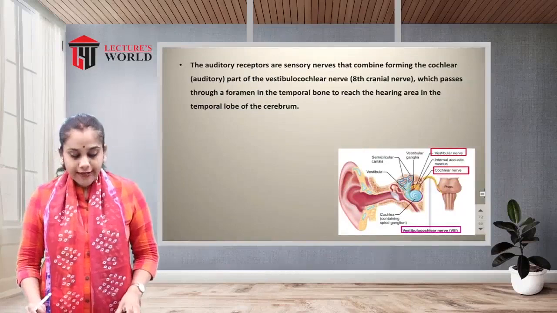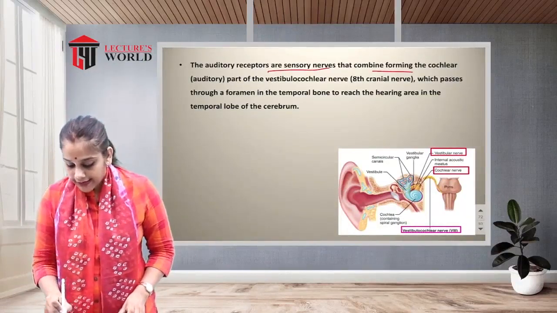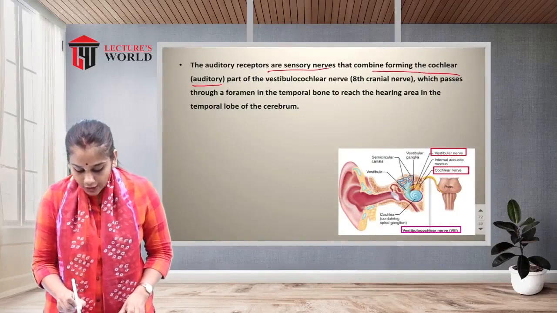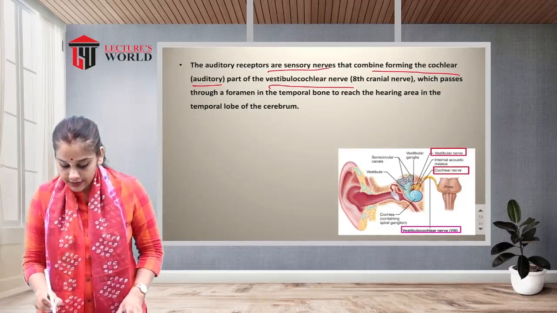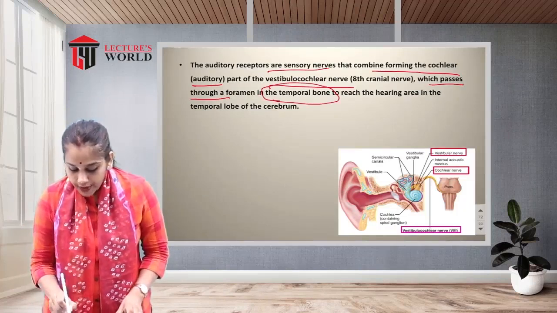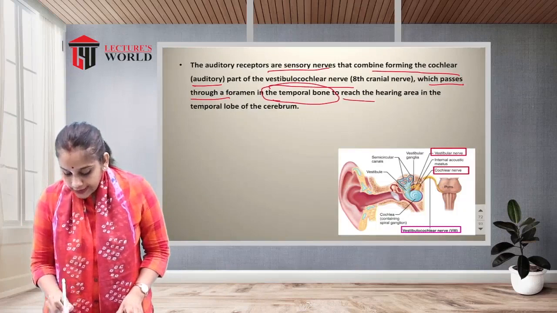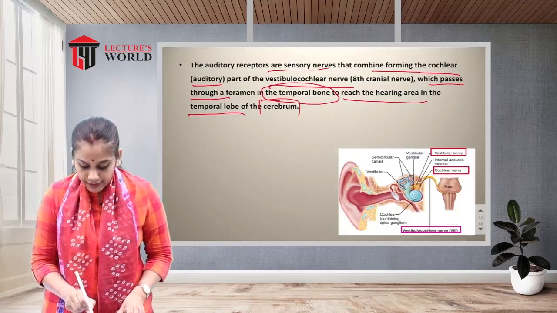Now the auditory receptors are sensory nerves. They combine, forming the cochlear part of the vestibulocochlear nerve, that is the 8th cranial nerve, which passes through a foramen in the temporal bone to reach the hearing area in the temporal lobe of the cerebrum.